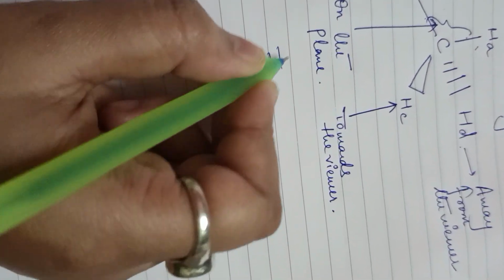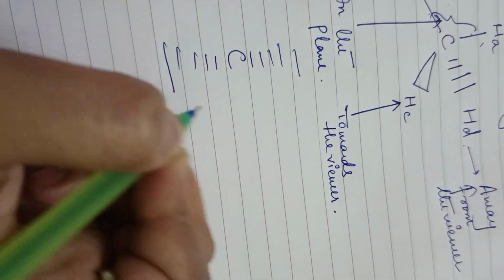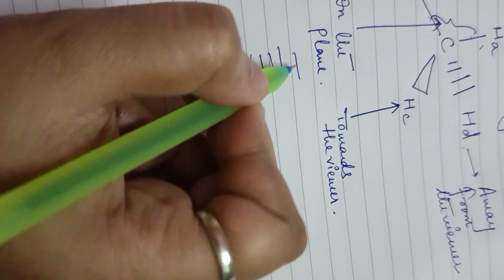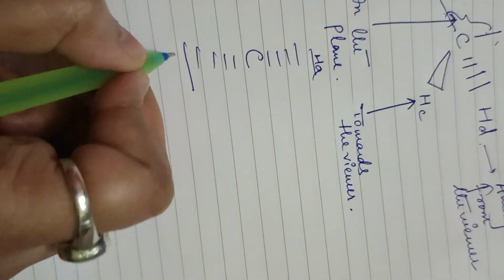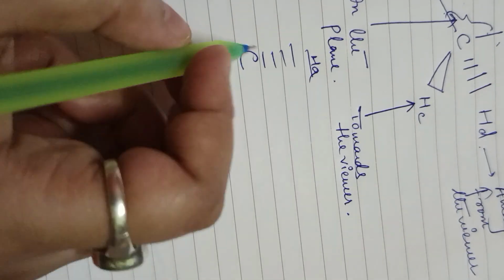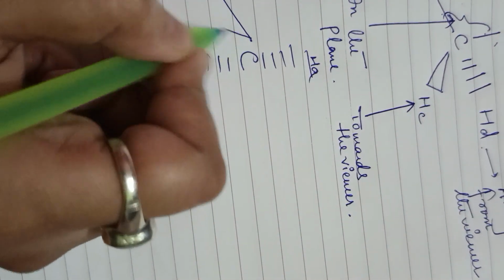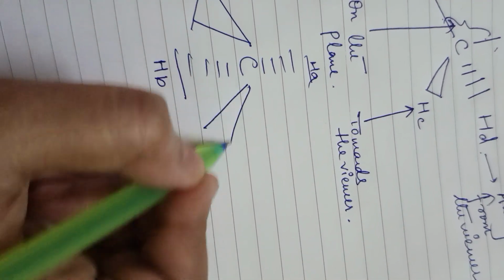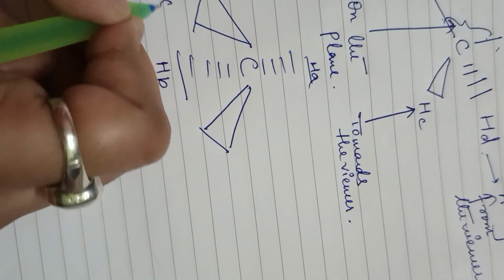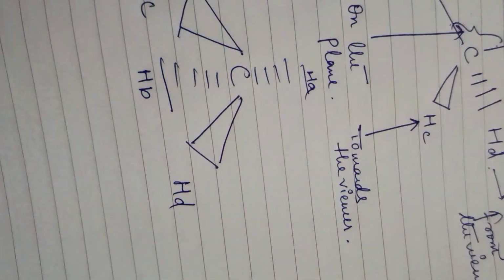Okay, now let us see another important thing, the Fischer projection. We are going to do HA, HB, then HC, HD.